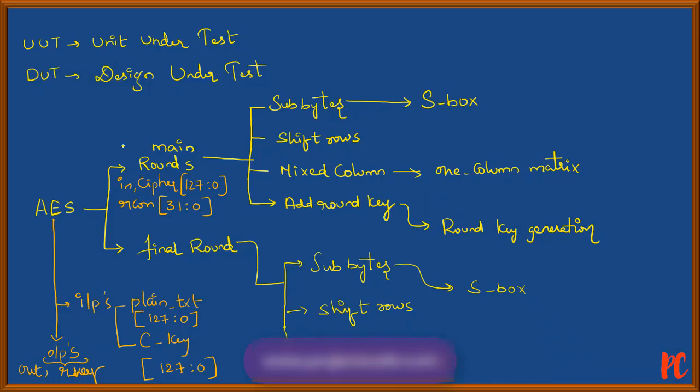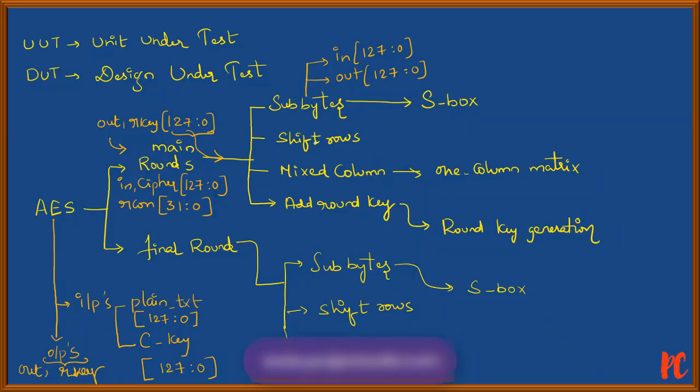Similarly, if I'm talking with respect to output, it must have an out followed by round key of the same 128 bit. Obviously that is going to be fed as input for this stage. So this is 128 bit, right? Thereby the port list for this SubBytes will also be 128 bit. Let me consider input 127 down to 0, followed by its output to be 127 down to 0.